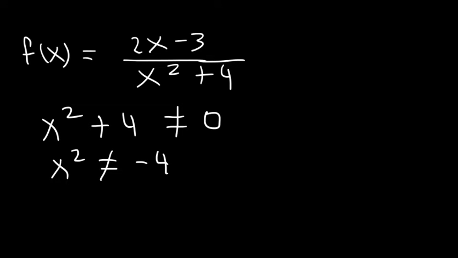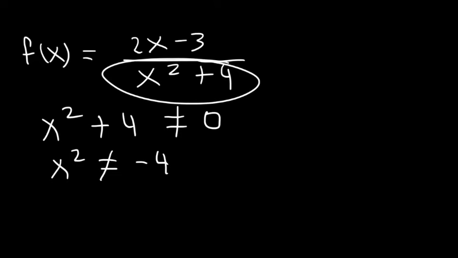Now you can easily judge that x square can never be equal to minus 4. That means here for all values of x, f(x) will be defined, because x square equal to minus 4 is never true for any x. Hence my domain will be the set of real numbers.